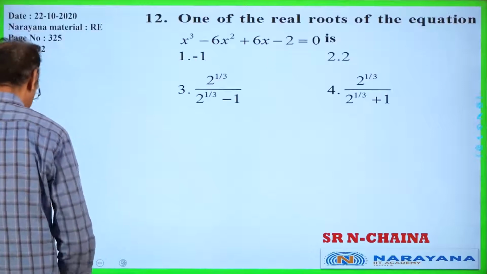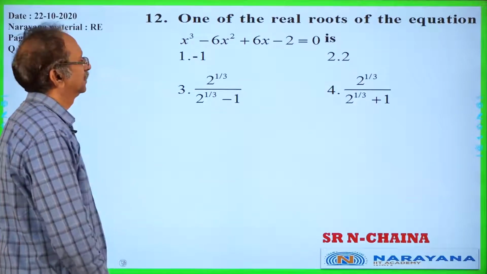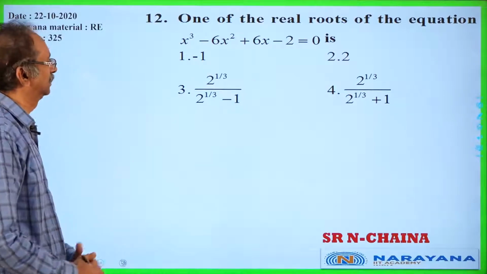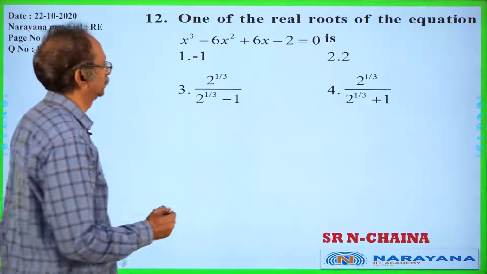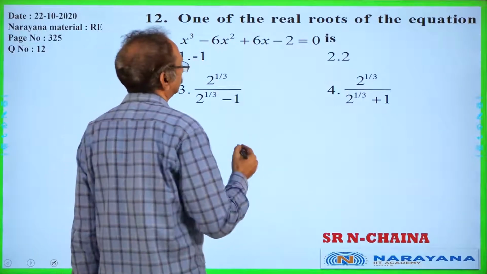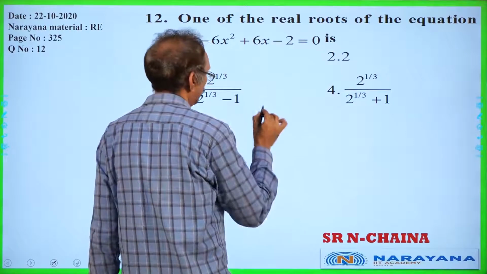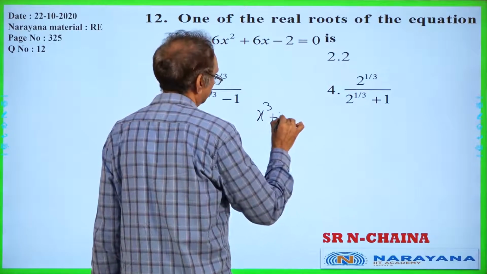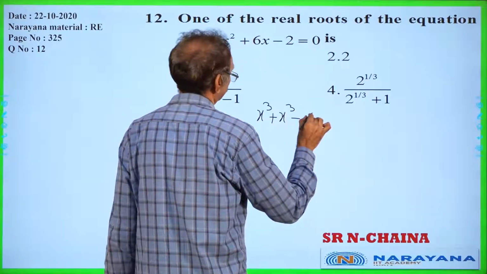So this was done. One of the real roots of the equation. So some logical thinking must be needed for this question. See, we cannot solve this directly, but what we can do is, if I add x cube both sides, see what happens.